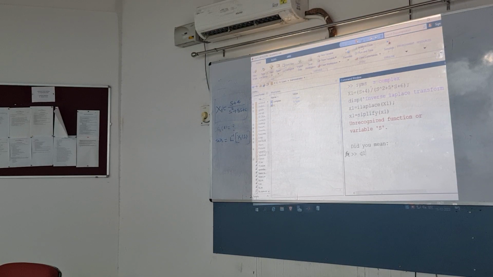You have cleared the window. This is some syntax error. Here the syntax error is in this function: syms s, x1 equals s plus 4 over s square plus 5s plus 6, and ilaplace of x1.